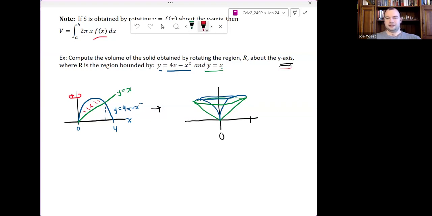And again, if I imagine a shell, so I have a shell here at radius x, it's going to wrap around. I'm going to have a shell piece over here.